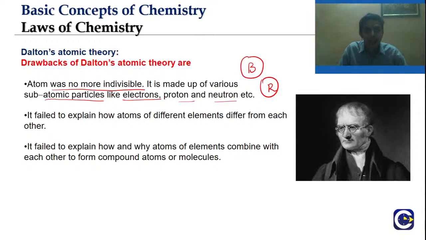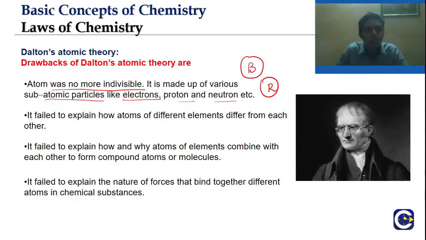This we now know because all of you might have already covered chemical bonding. Atoms form molecules because they are hankering for stability, and they attain stability by going into noble gas configuration, a fully filled octet. That's why they form molecules.